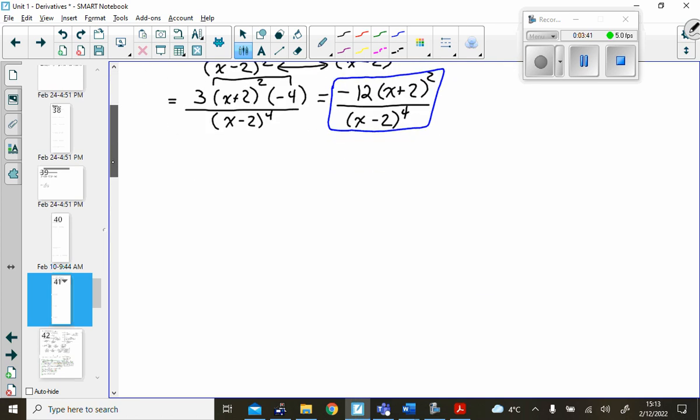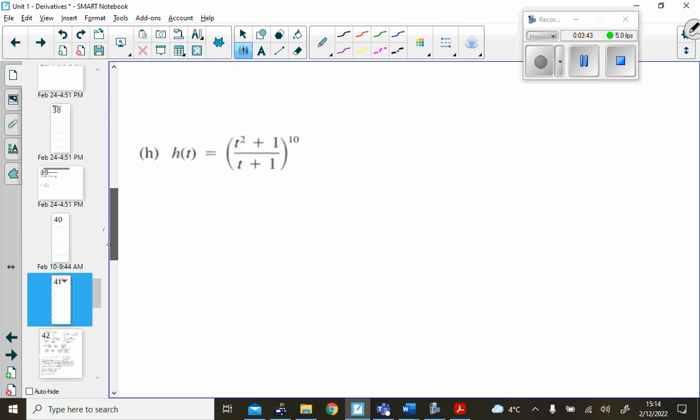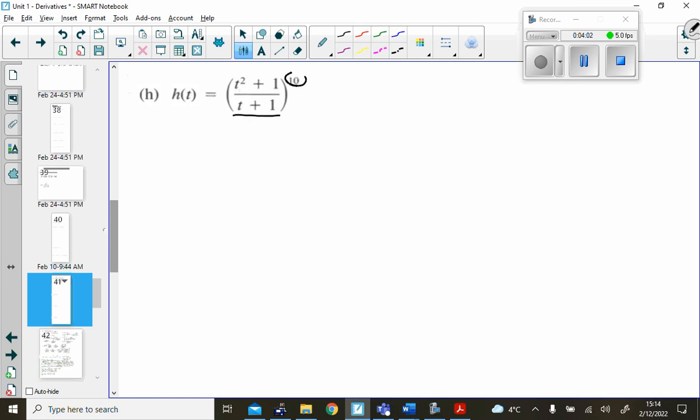All right, down to, well, I'm going to take more room on that one, I guess. Down to h. Similar question. The power is bigger, and there's a t squared in t this time, but my overall method is going to be very similar to doing this question. So I see a bracket to the 10th power.